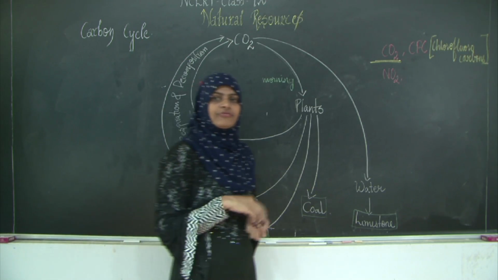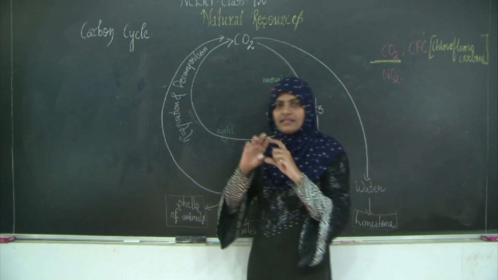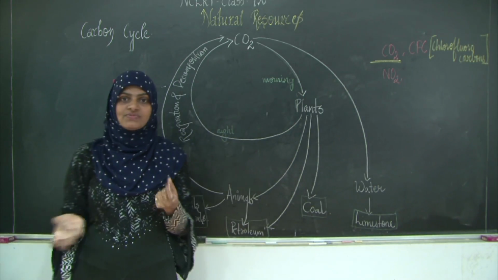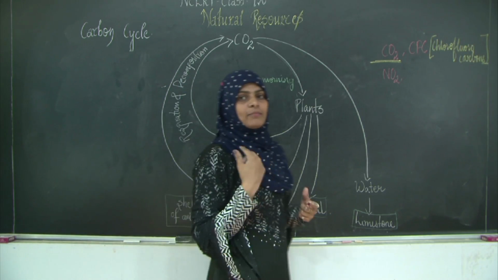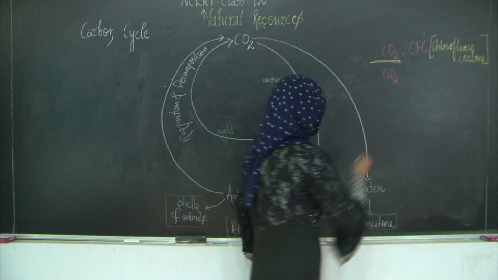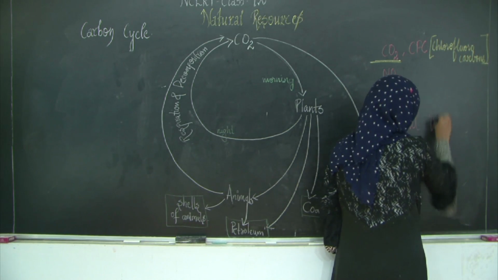As a result, the infrared radiations are not allowed to go back, okay, and the rays remain in the atmosphere itself. Due to that reason, the overall temperature of the earth has risen, and that you call global warming.